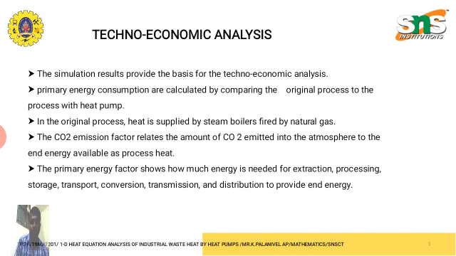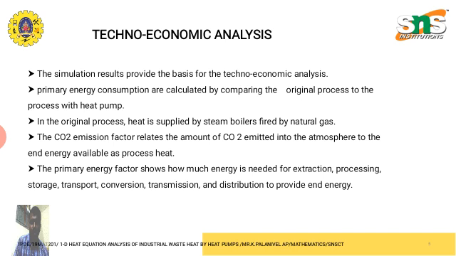The carbon dioxide emission factor relates the amount of carbon dioxide emitted into the atmosphere to the end energy available as process heat. Other greenhouse gases such as methane are also considered.